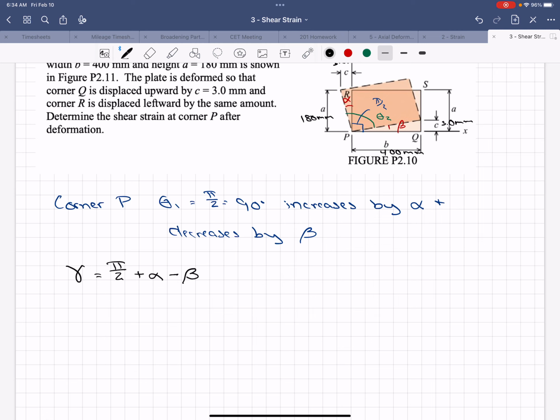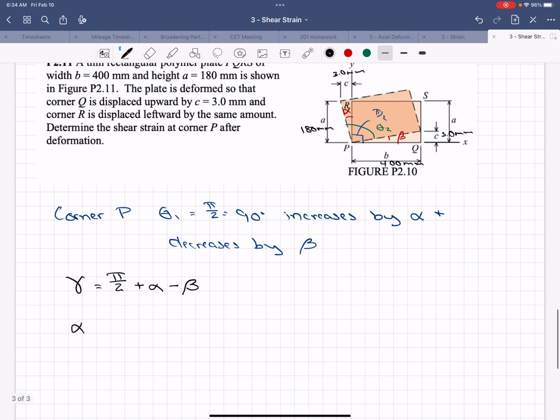So alpha, we're going to use small angle theory, but it would be a sine where you would have this opposite dimension, 3 millimeters, over the adjacent dimension, 180 millimeters.